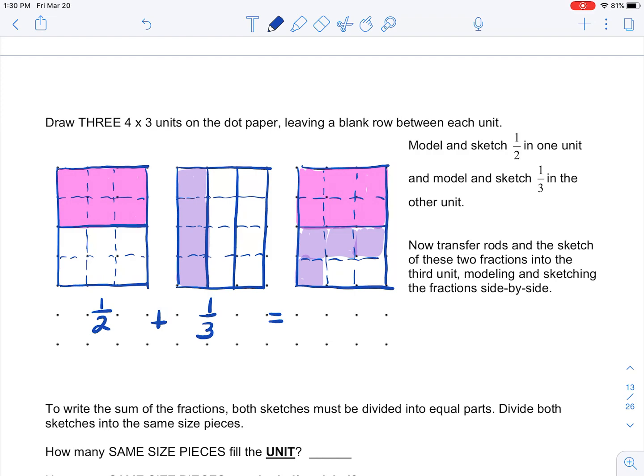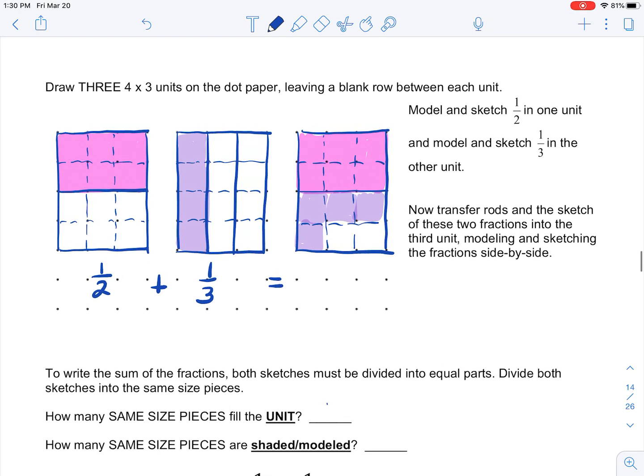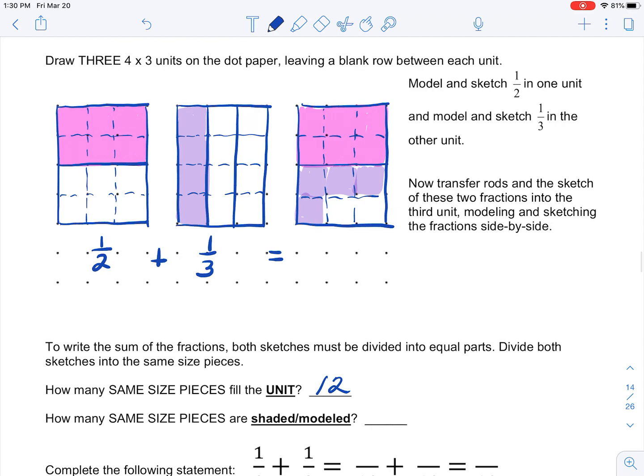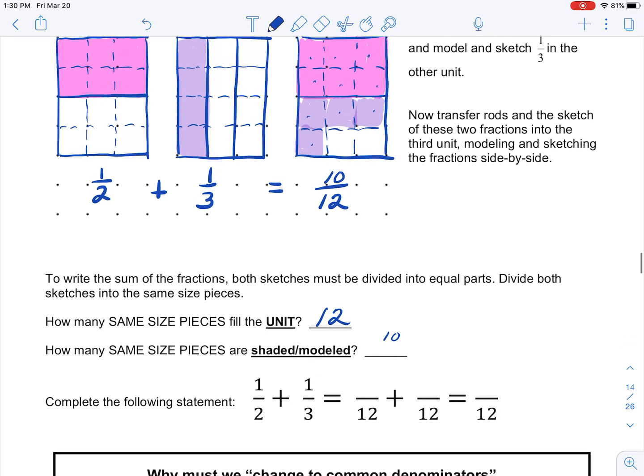Once I've broken those all up into single units, I have 12 pieces that fit all the units. And in the sum, there are 1, 2, 3, 4, 5, 6, 7, 8, 9, 10 of the pieces modeled. So 10 twelfths is what the sum is.